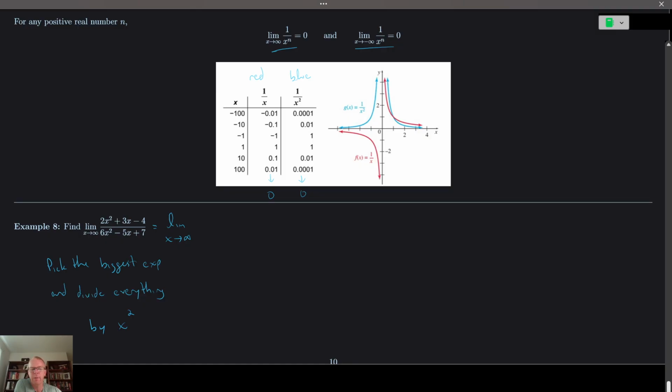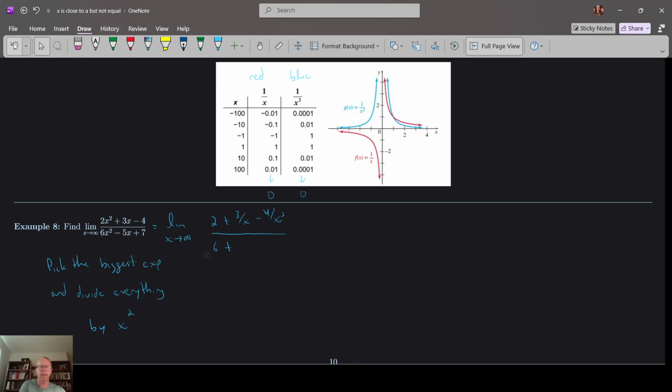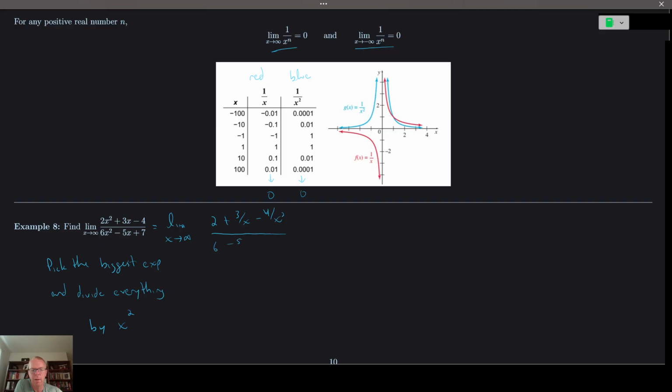So 2x squared divided by x squared is 2. 3x divided by x squared is going to give us 3 over x. 4 divided by x squared doesn't really simplify, so 4 over x squared. 6x squared divided by x squared is 6. Oops, it should be a minus. Negative 5x divided by x squared is going to be minus 5 over x. And then plus 7 over x squared.